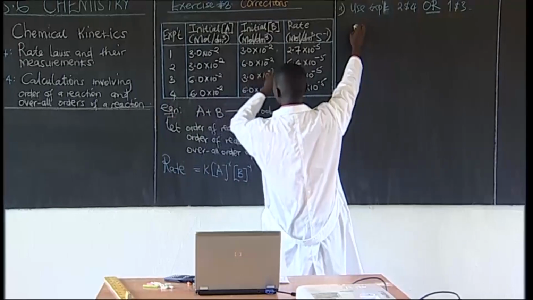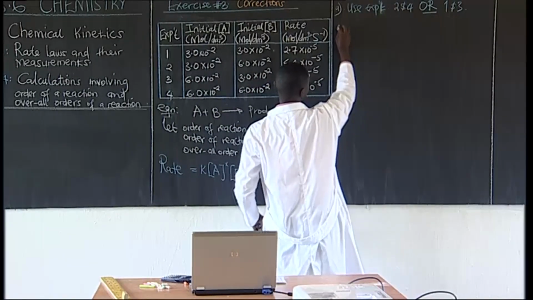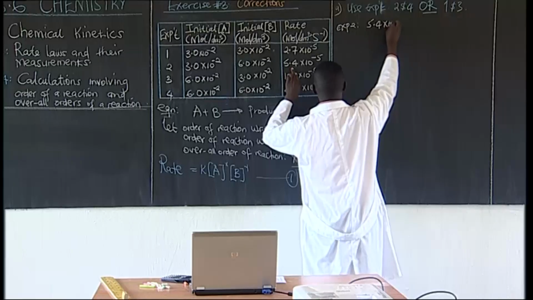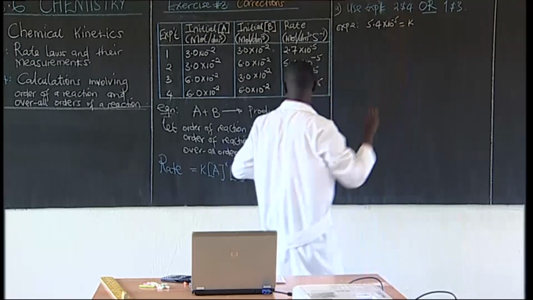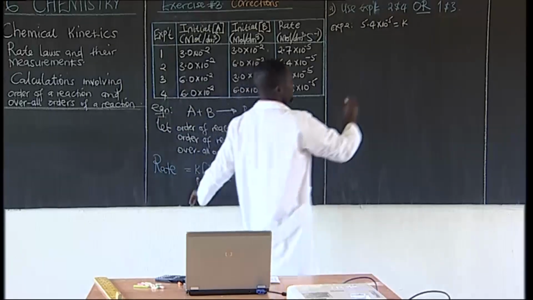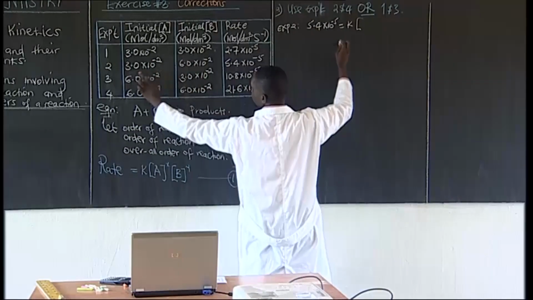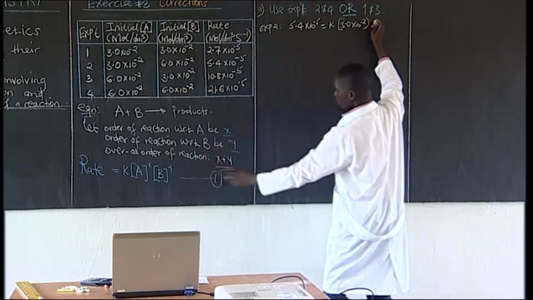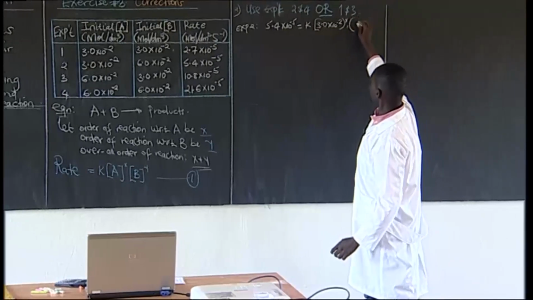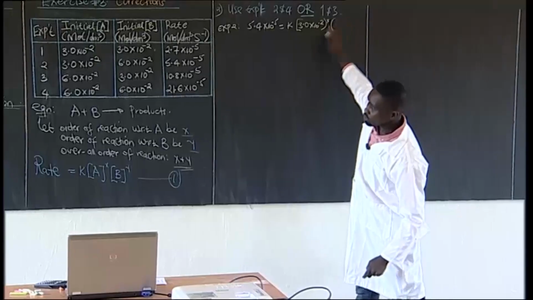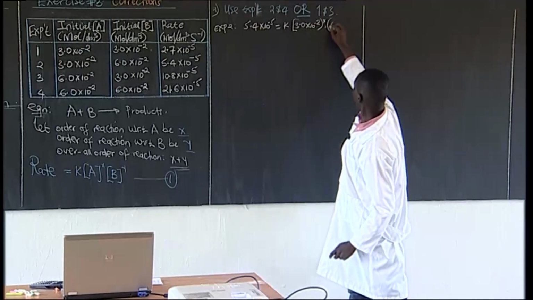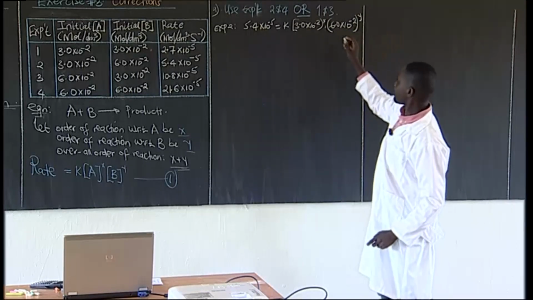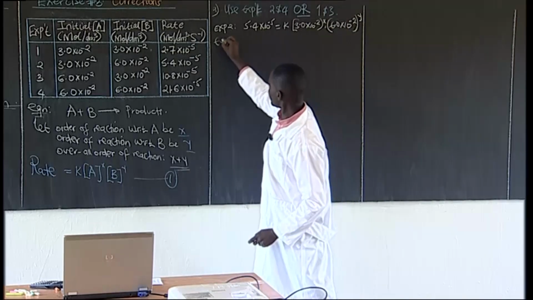Experiment 2: rate is 5 exponent negative 5, equal to the constant, times the concentration of A, which is 3 exponent negative 2, power X, times the concentration of B, which is 6 exponent negative 2, power Y. Okay, experiment 4.